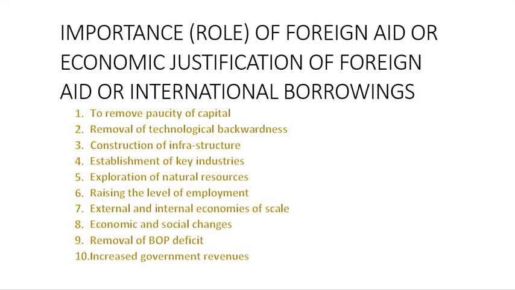Fourth point is establishment of key industries. Countries like Pakistan do not possess sufficient funds to establish key industries like steel and iron, automobiles, and light and heavy engineering. Therefore, the need for foreign aid is realized in the establishment of steel, iron, and engineering industries.